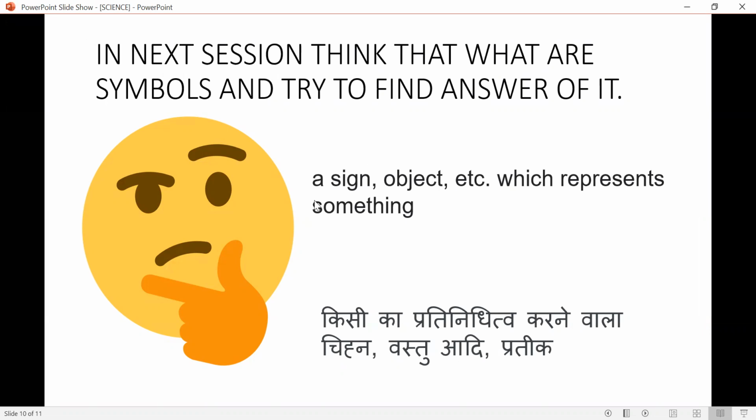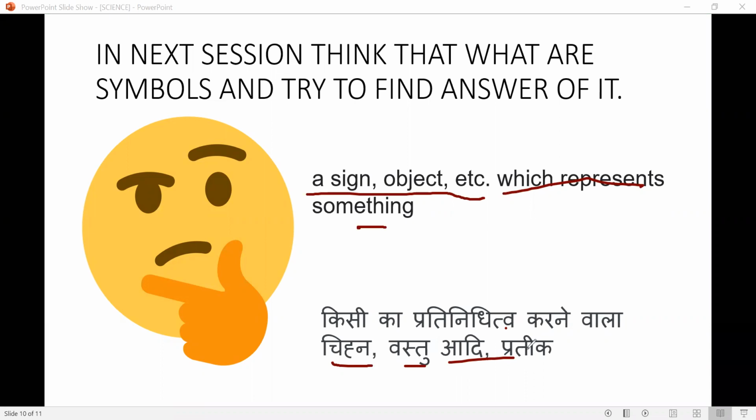I have given you a hint over here also: a sign, an object, etc., which represents something. In Hindi I have written: किसी चिन्ह का, वस्तु का, आदि का प्रतीक, something that represents something.